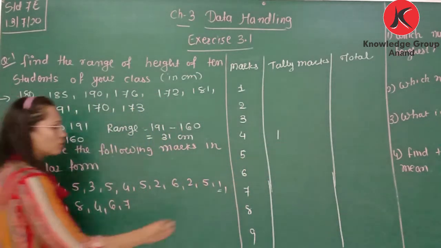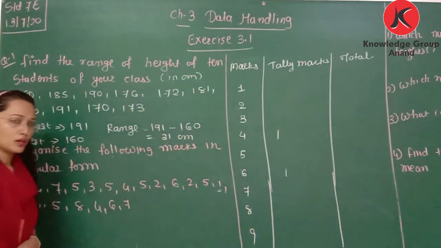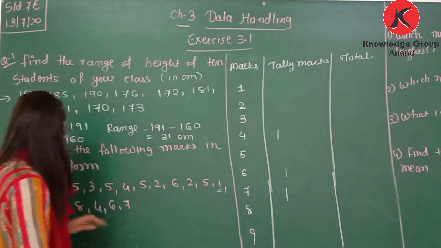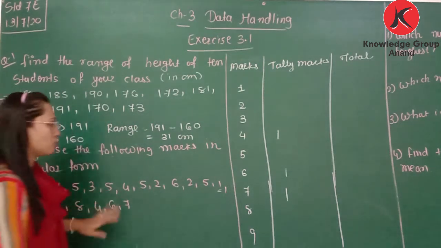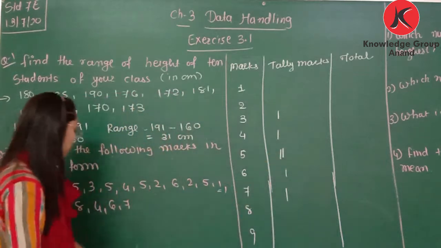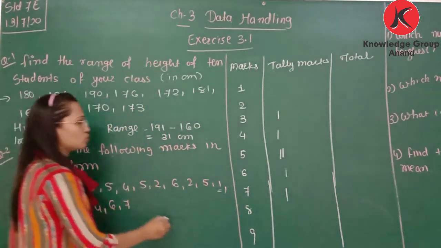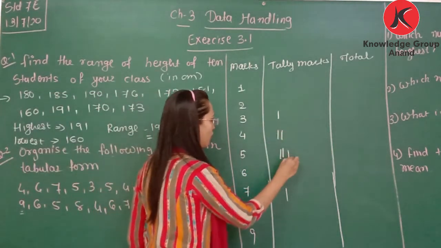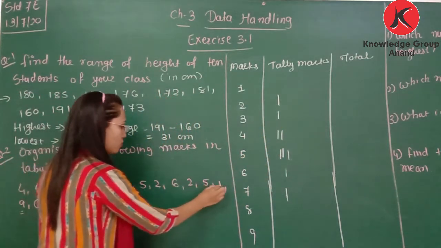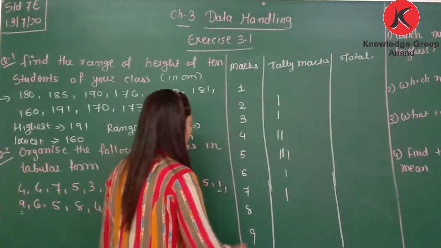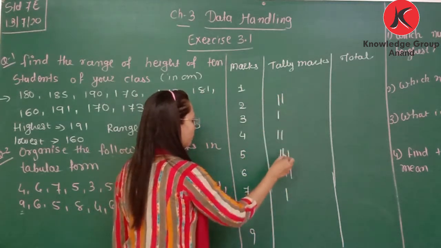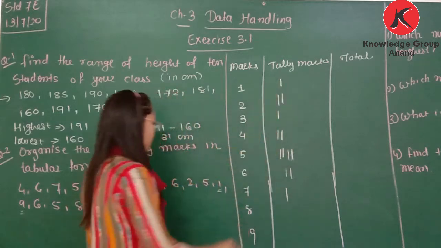Now 6, so place one mark in 6, 7, so 7 is there, 5, 3 and 5, so 5, 3 and 5, 4, 5, 2, 6, 2, 5, 1.